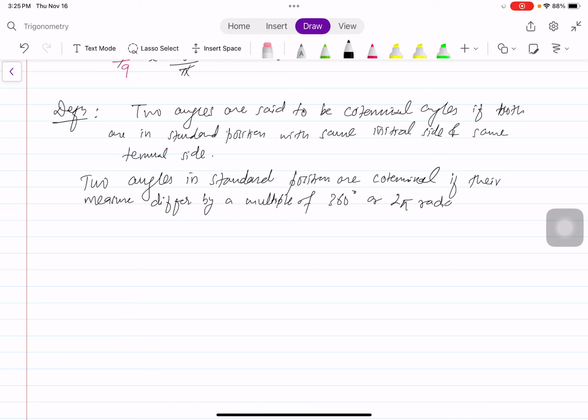So if you are dealing in degrees, their measures differ by a multiple of 360, or if you are in radians, they differ by a multiple of 2 pi radians.